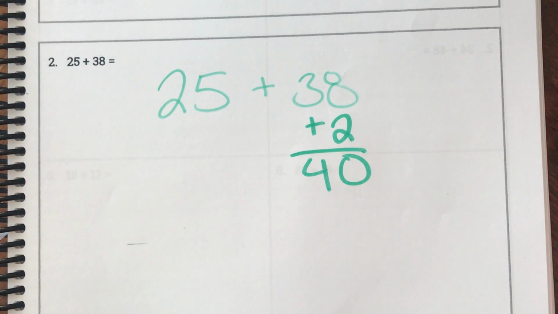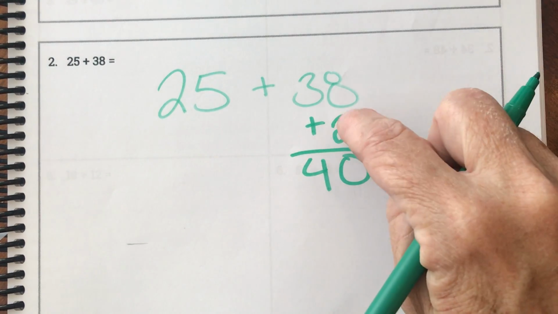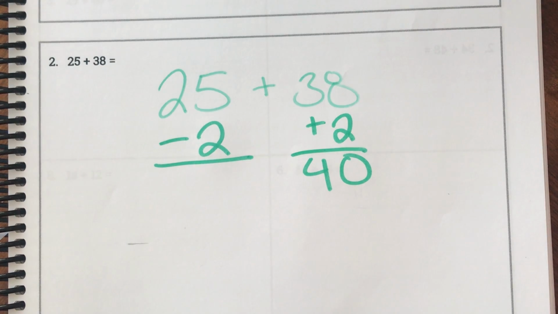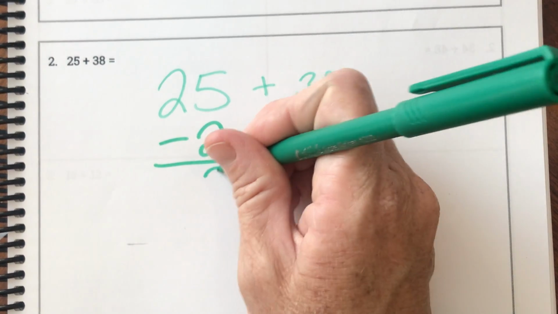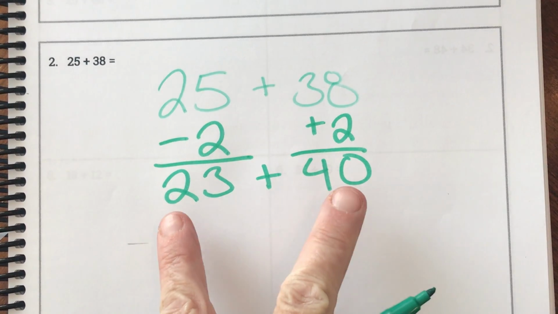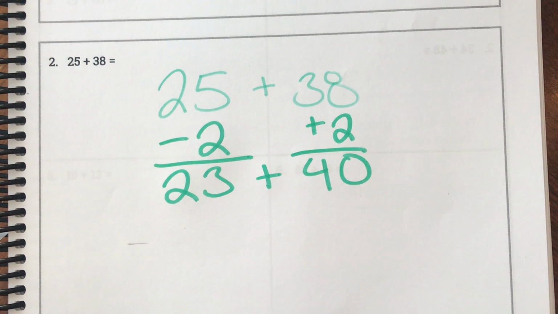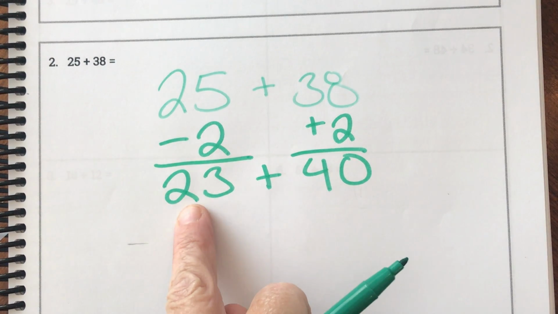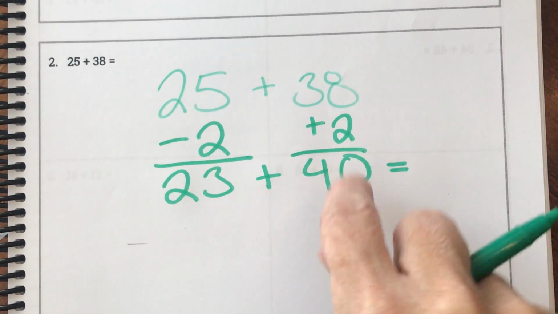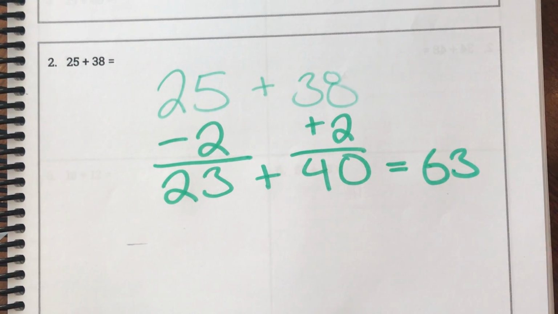So I'm going to add 2 to that addend. Well, if I added 2 to this addend, I need to take 2 from that addend. So if I had 25 and I took 1 away, I would get 24. But if I took another 1 away, I would get 23. So my new addends are 23 plus 40.